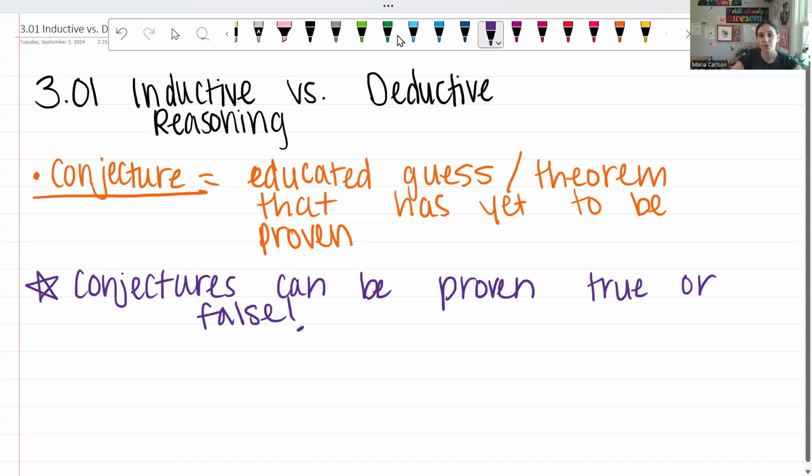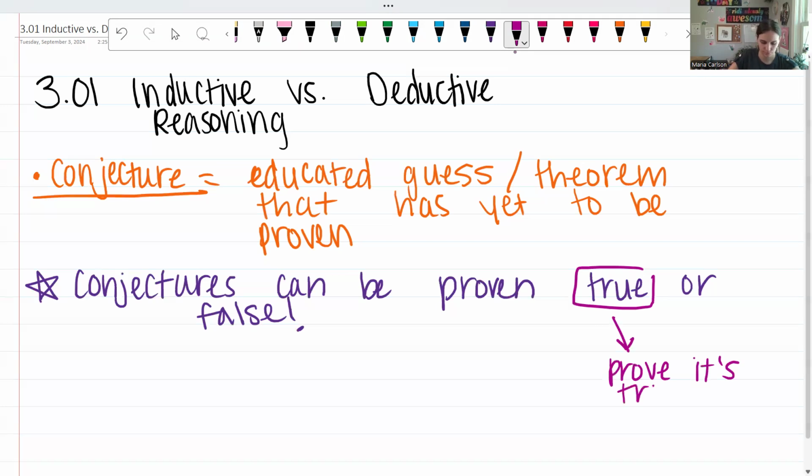So if you are proving that a conjecture is true, you have to prove it's true for all cases or for all scenarios, whatever this conjecture is.